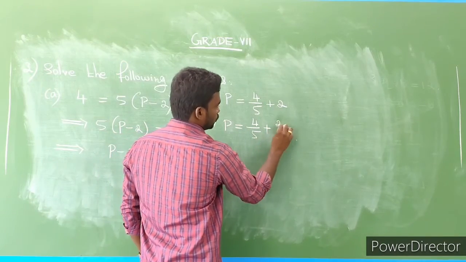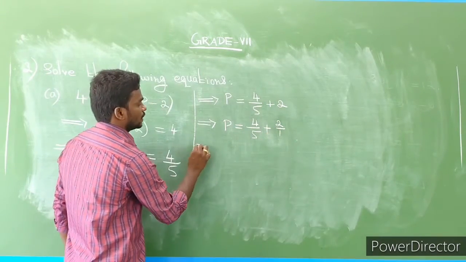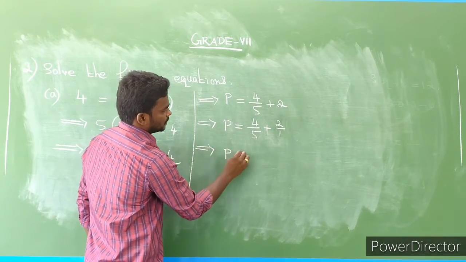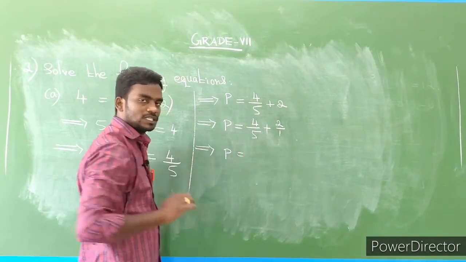2 is written as 2 by 1. Every number has 1 as a denominator, which implies p is equal to, what is the LCM of 5 and 1? The LCM of 5 and 1 is 5.